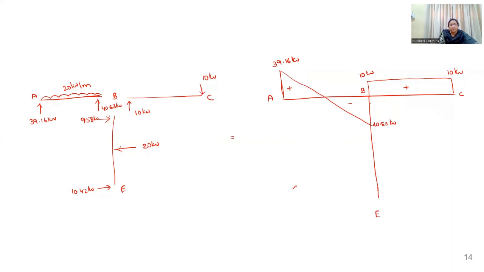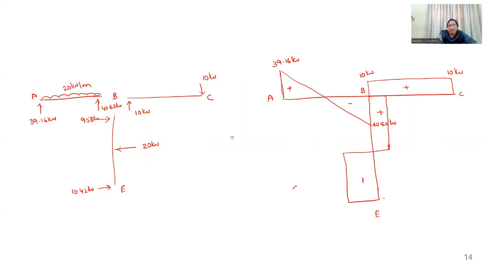So now coming over here. So here it is again a positive shear. So which is of some 9.58. And again at this portion again it is of anti-clockwise. So negative shear. So this is negative and this is positive.